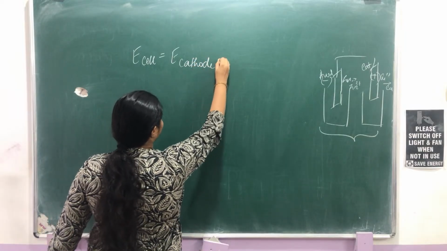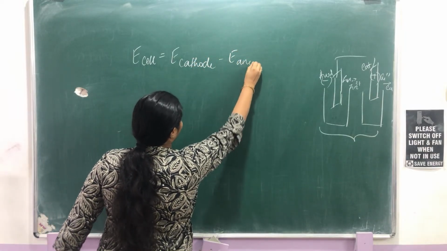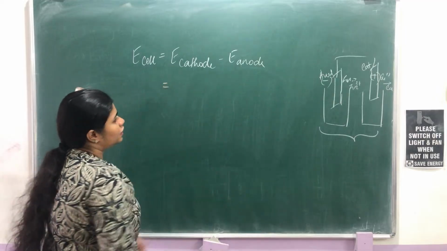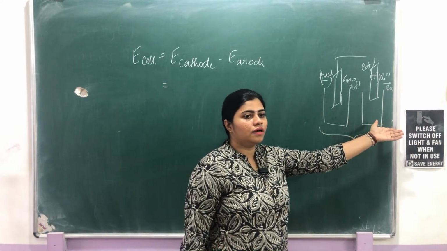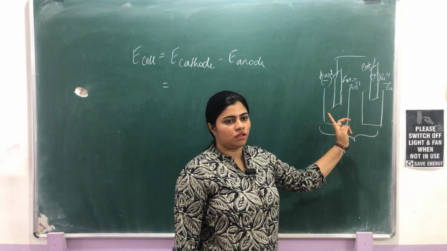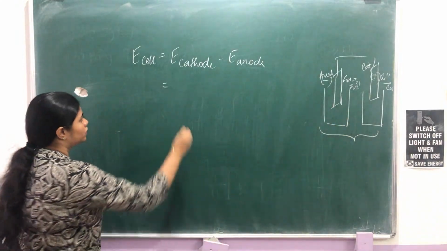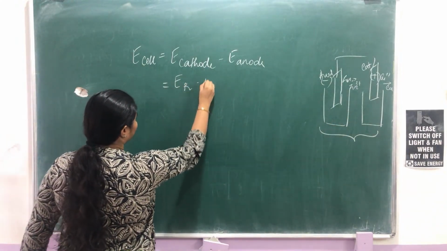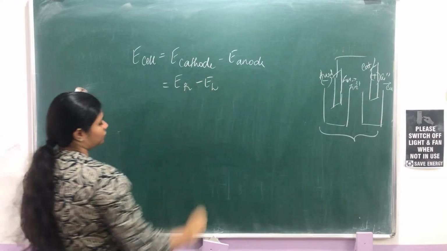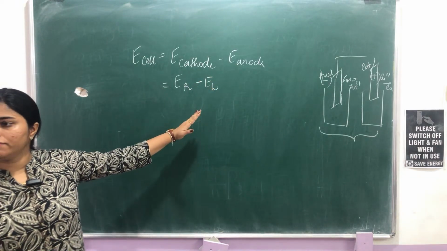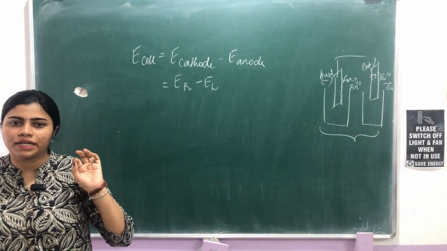E cathode minus E anode. Or in this case, easier to remember, it is E right minus E left. That's what you have written. Okay, till here we have studied. At least you remember till here.